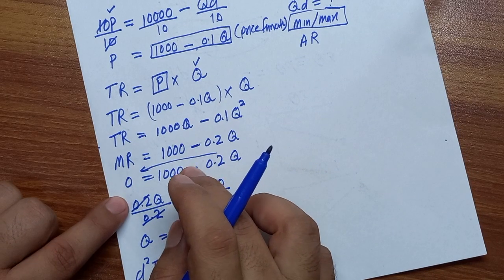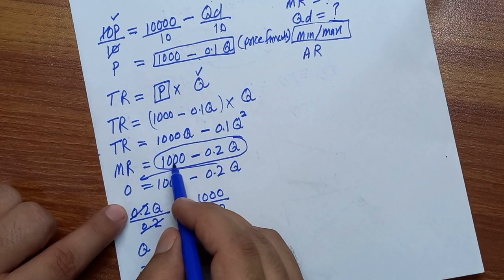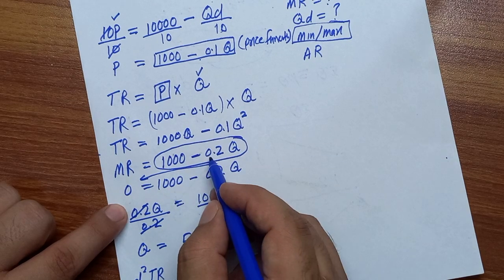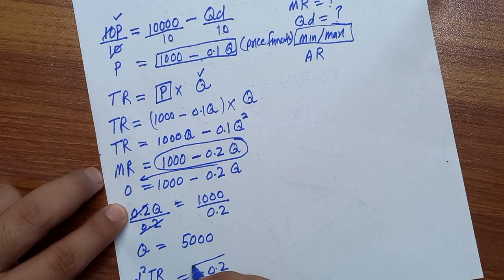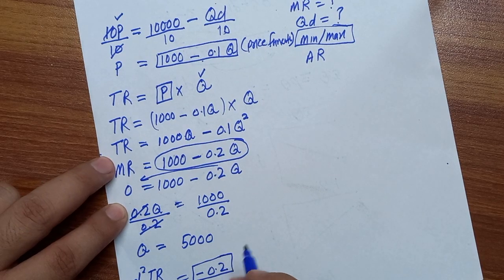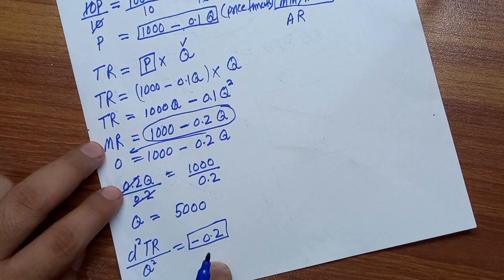When we take the derivative of this portion, the constant is 0, and we will write minus 0.2. So when the result is minus, it will be maximize, the profit is maximize.